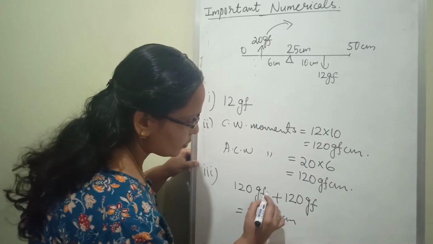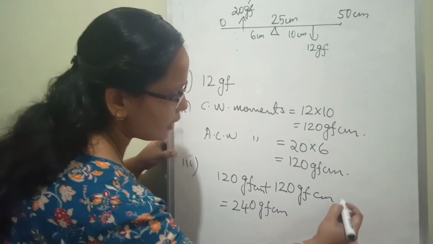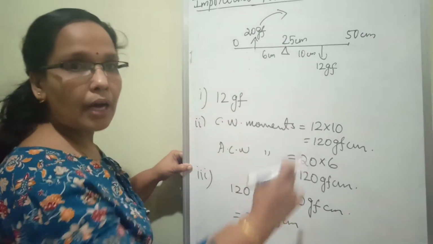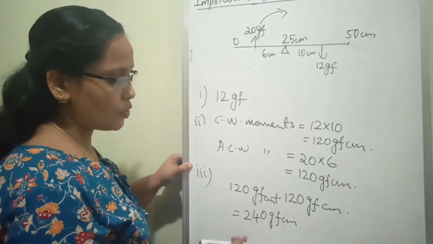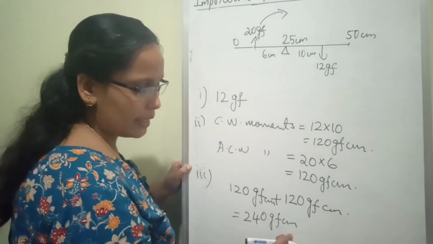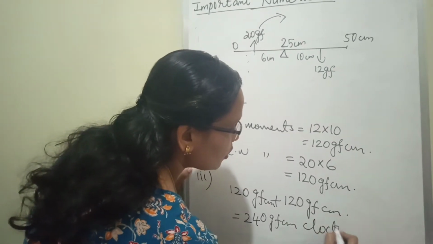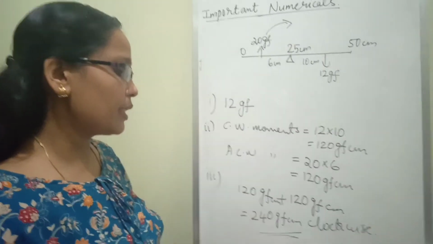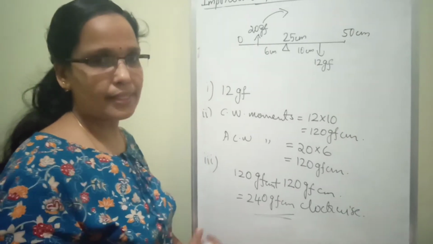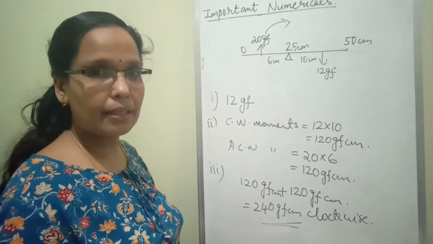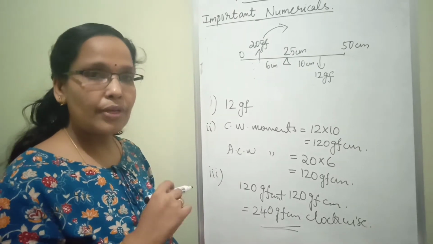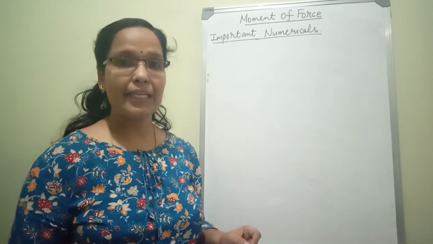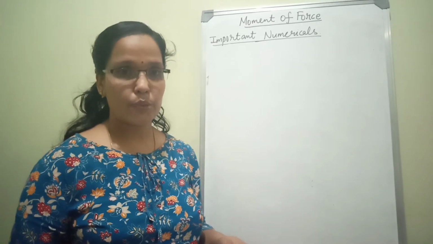Both the forces are turning the half meter rule in clockwise direction, so we get 240 GF centimeter clockwise, or minus 240 GF centimeter, because clockwise moments are considered negative. This question is from the 2018 paper and it is a 3-mark question.